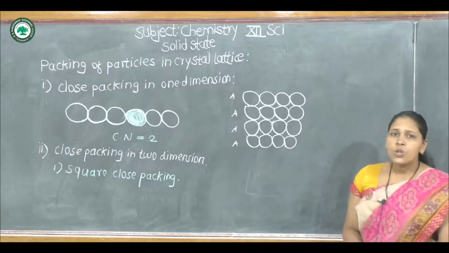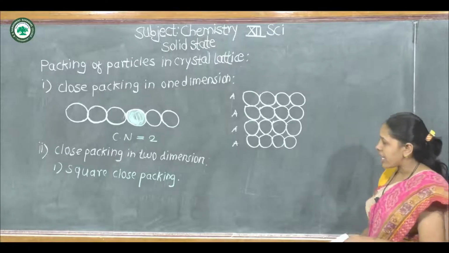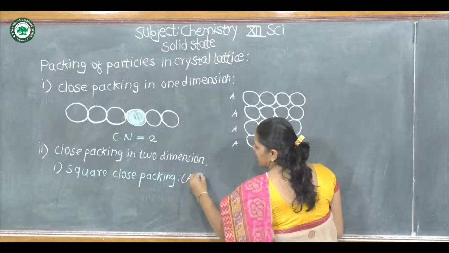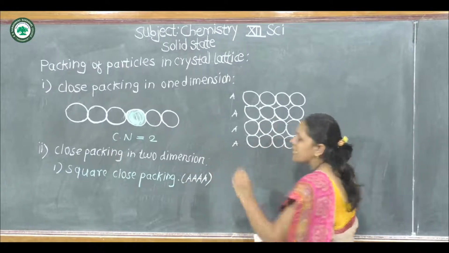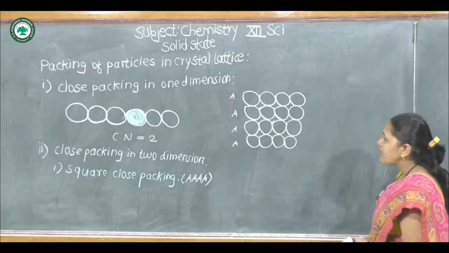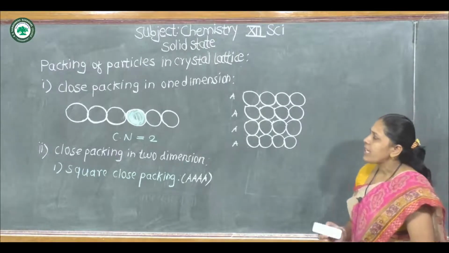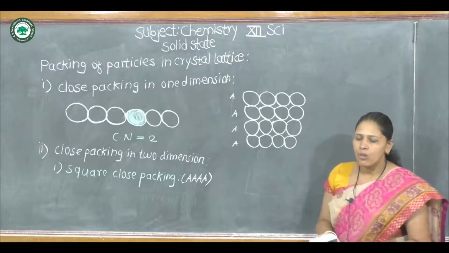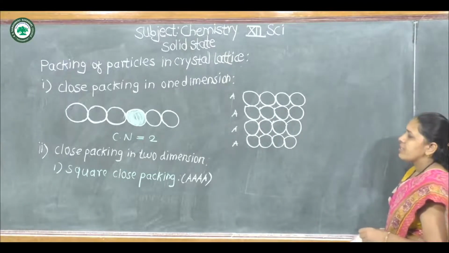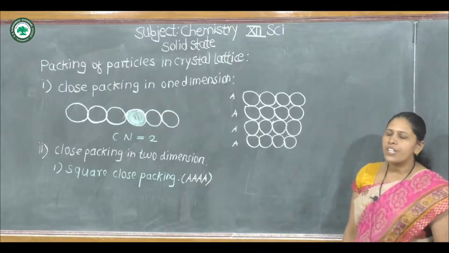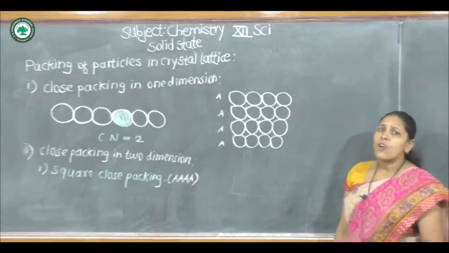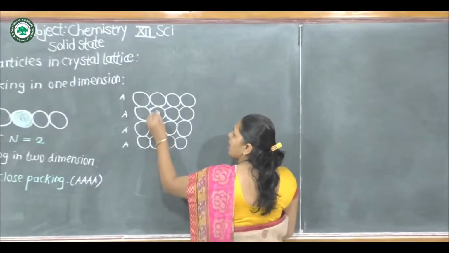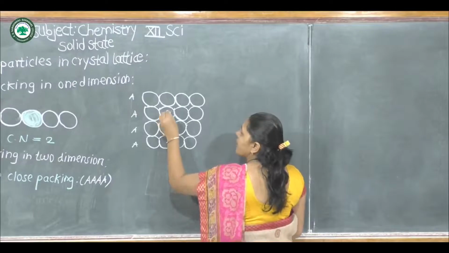This square close packing is also called AA type of arrangement, in which one-dimensional close packing rows are stacked over one another. Why is it called square close packing? Suppose I have taken one sphere.